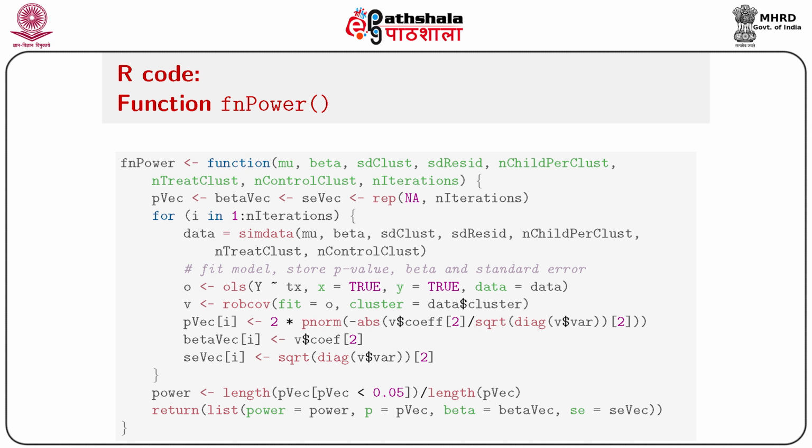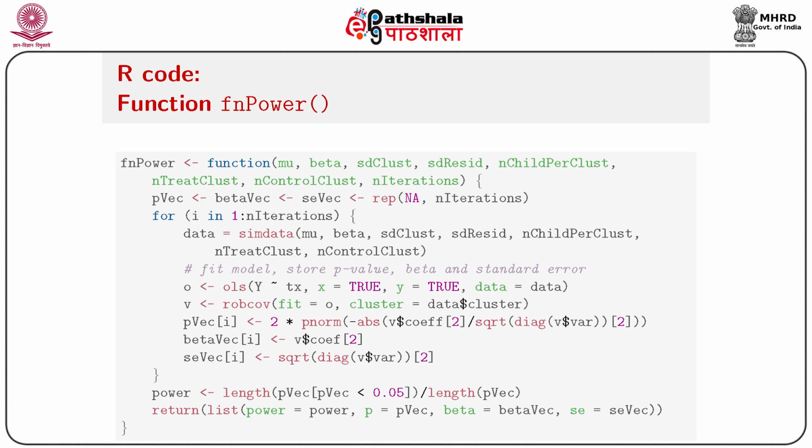Then we get the p vector by this formula, the beta vector by this formula, and the standard error vector by this formula. The power is the length of the p vector where p is less than 0.05, divided by the length of the p vector.